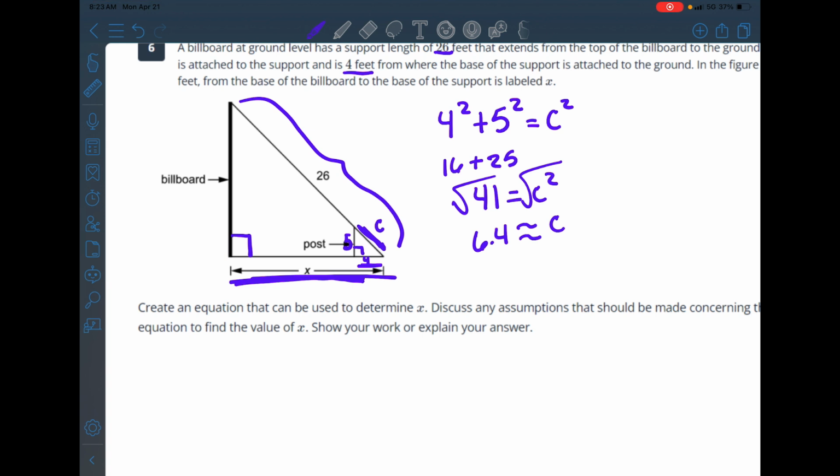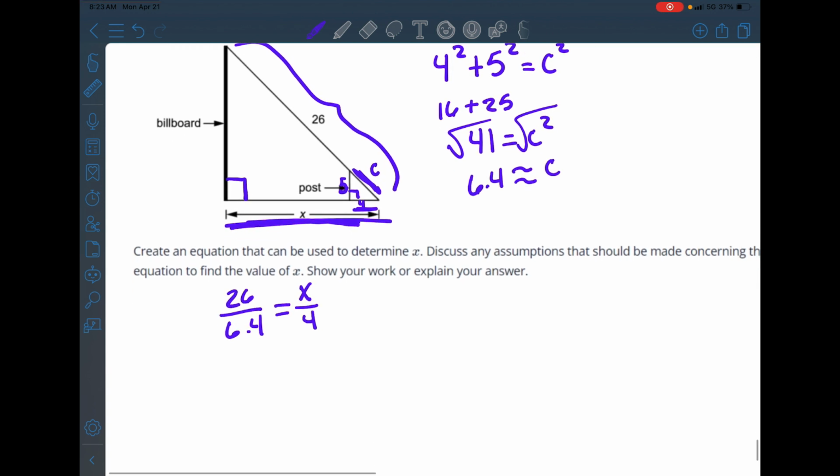So I'm just going to set up a proportion. I'm going to do the larger over the smaller. So 26 over 6.4, those are our hypotenuses, equal, and the larger one, that side missing is x, over the smaller one, 4.